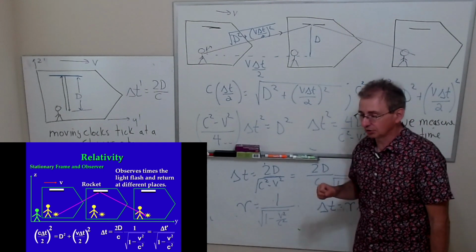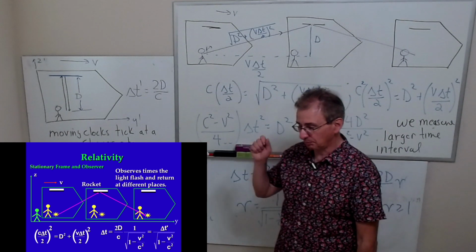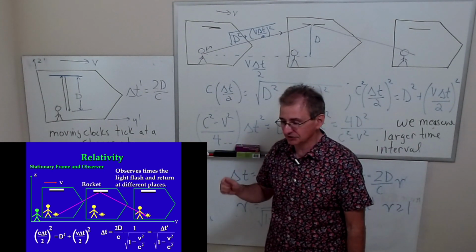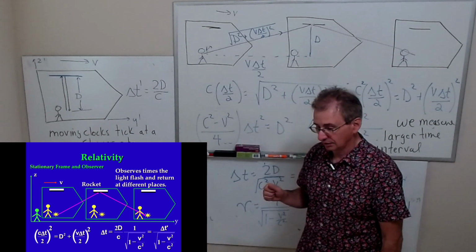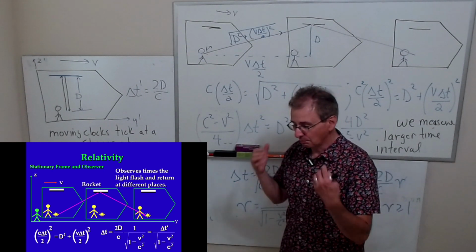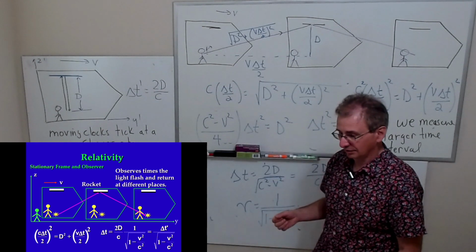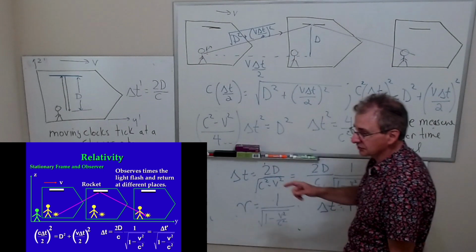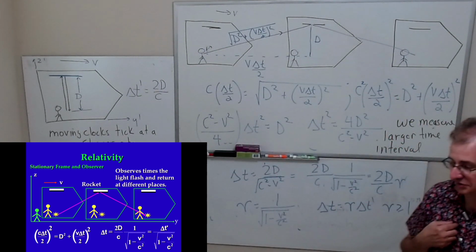This applies to everything, like biological systems, radioactively decaying systems, etc. This is a measurable thing. Someone in a moving frame, their clocks will run slower compared to us.